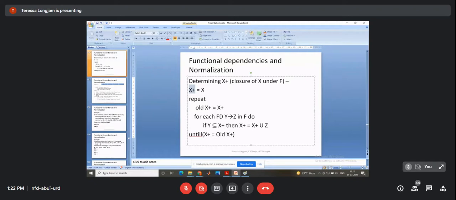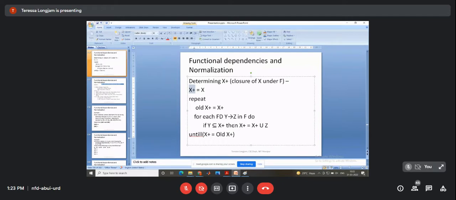What is this X? Closure of X? No, no, this X. X plus is the closure of X, but what about this X in F? It is the set of attributes that is there in the left-hand side of a functional dependency in F. F is a set of functional dependencies, and F will be given to you.